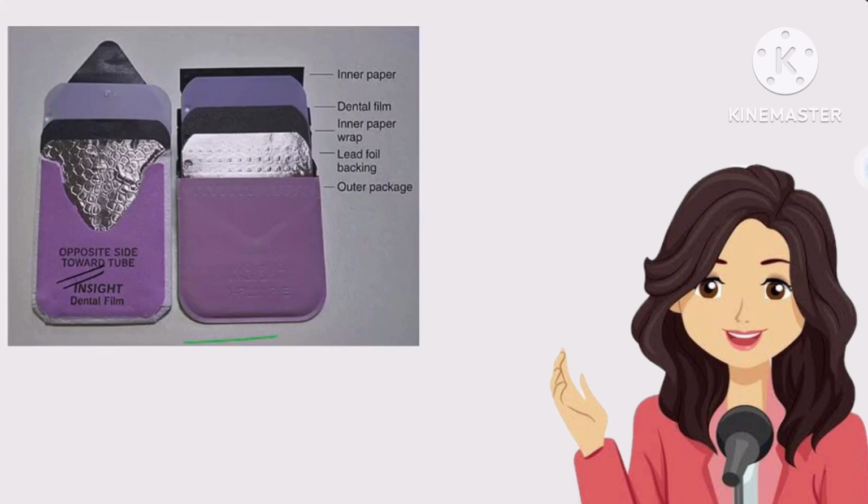Then we have inner paper, black paper. Then we have the film which is kept between those black papers. Then we have this lead foil backing. And this outer package is made up of plastic.